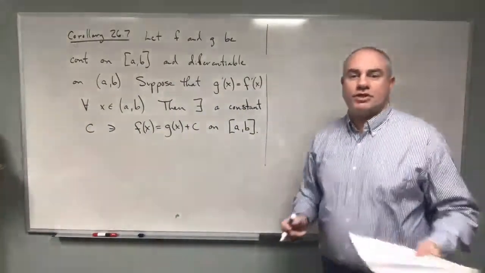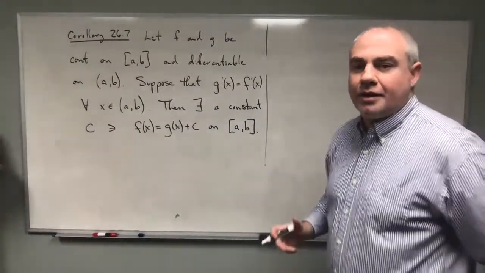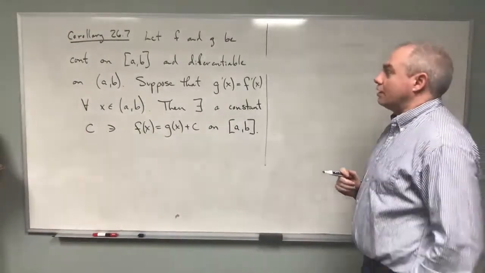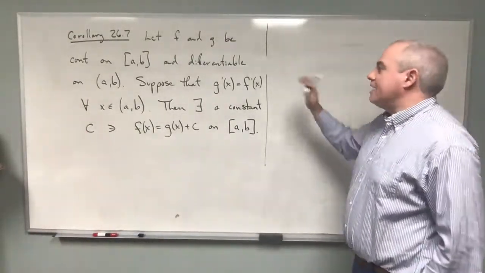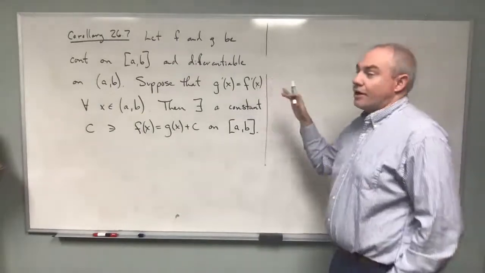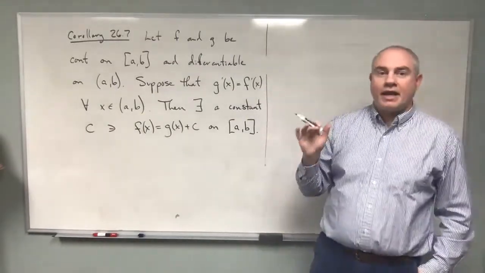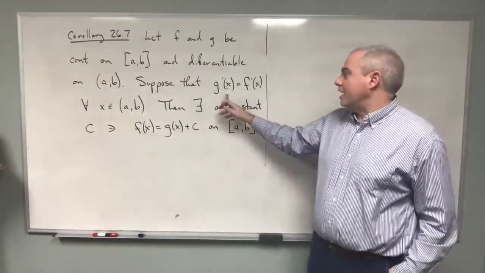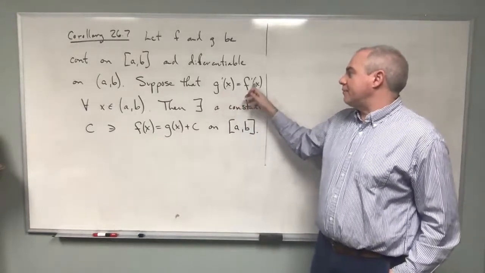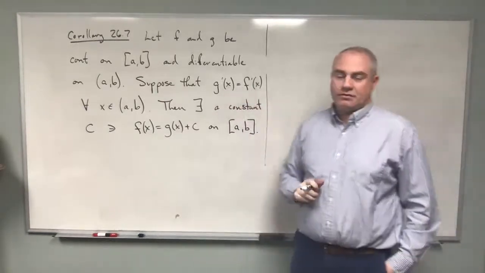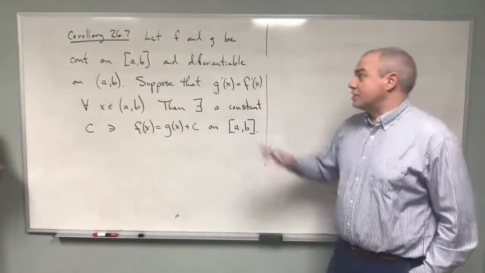So first of all, let's just talk for a second about what this corollary is saying. Basically it's saying, let's say that you have two functions and they have the exact same derivative. So g prime of x and f prime of x are exactly the same thing over some interval.